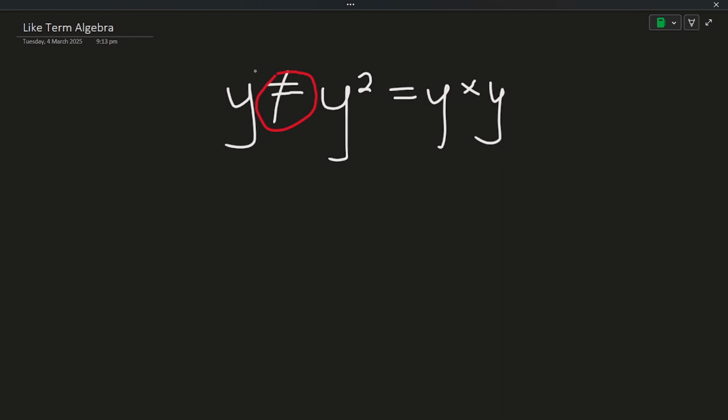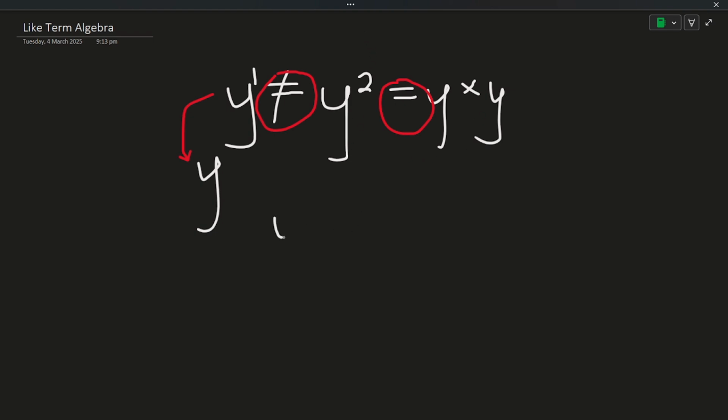You don't have any power, but y actually has a power though. You have y to the power of 1, which basically means y, just y. So this is just equal to y. And y to the power of 2 is equal to y times y. So these are totally different.